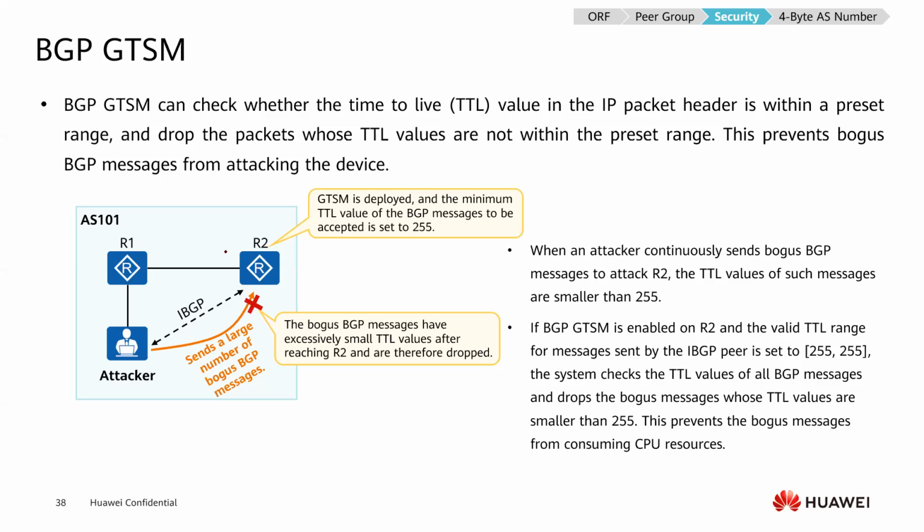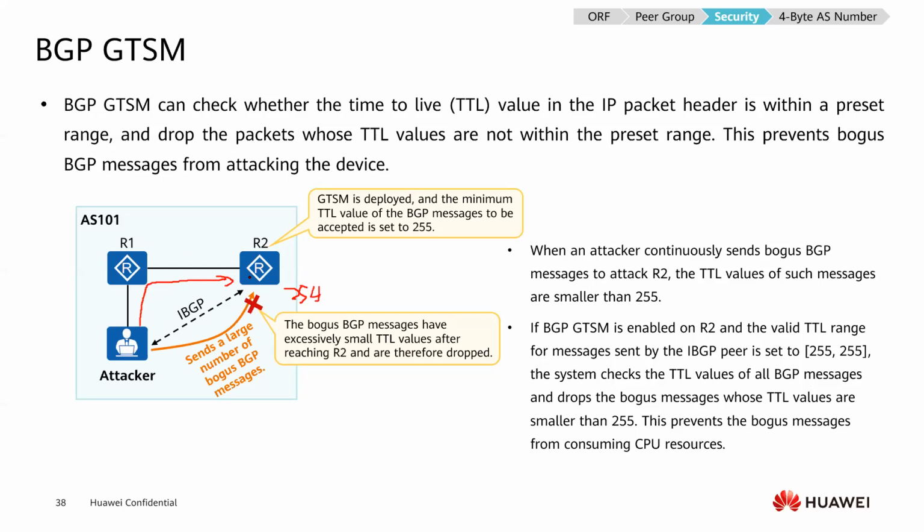So the R1 to the R2 TTL is 255. If there is an attacker that establishes an eBGP with the R2, whenever it sends a message to the R2, it will go through this physical link, right? So the TTL will change to 254 for this message.